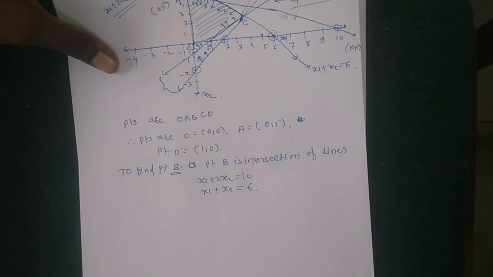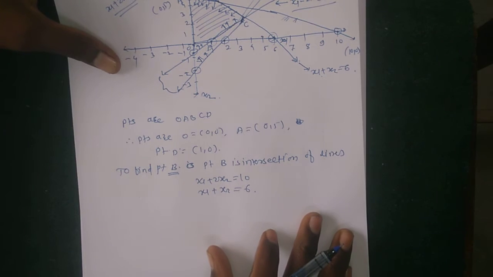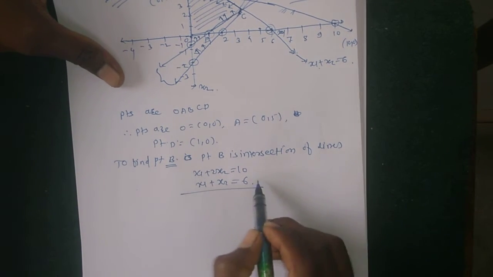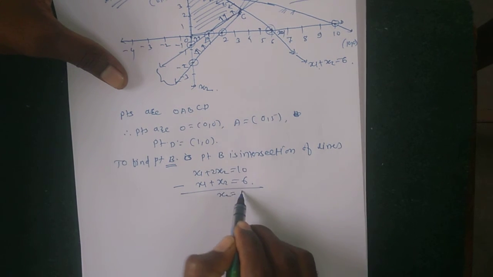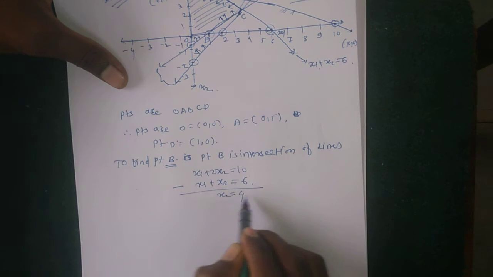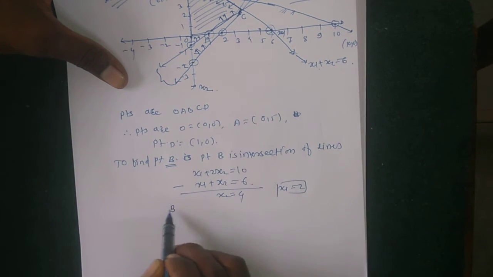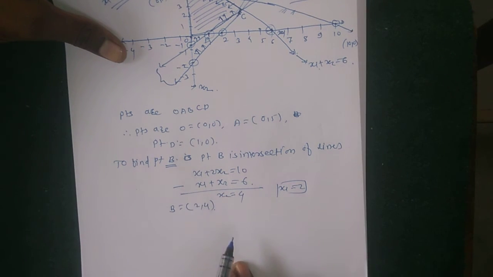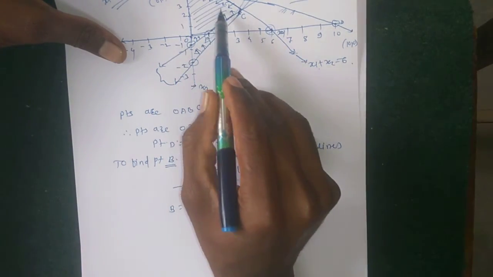Point B is this point. Solving, x2 is equal to 4, and when x2 is equal to 4, putting it in, x1 is equal to 2. Therefore point B is (2, 4).